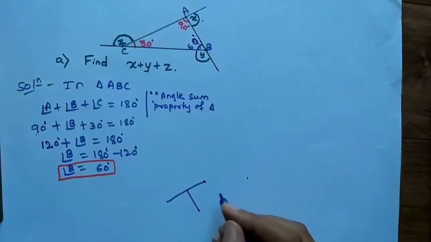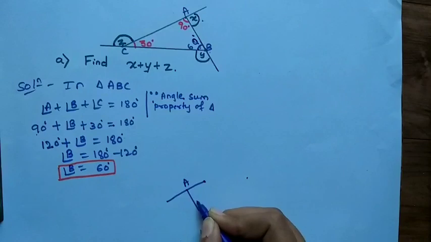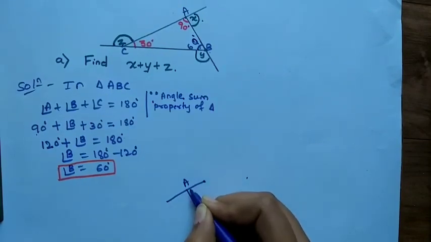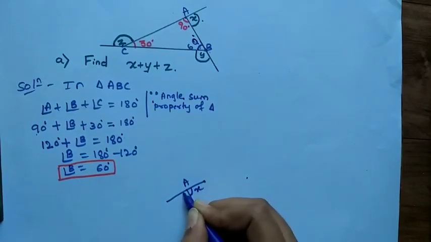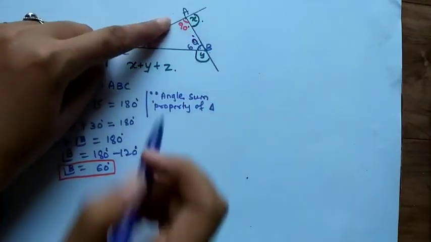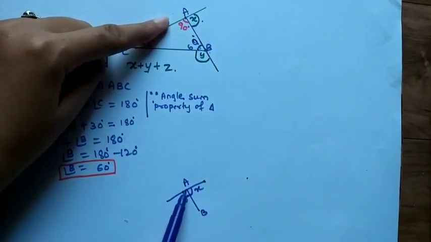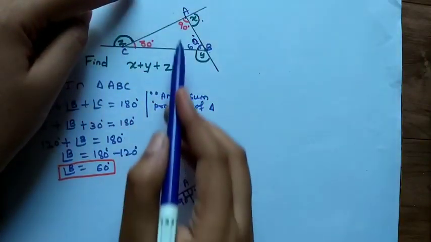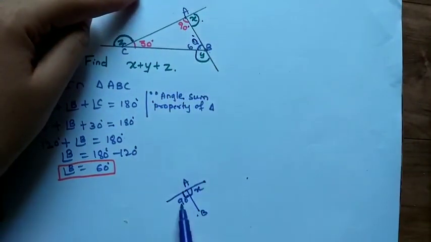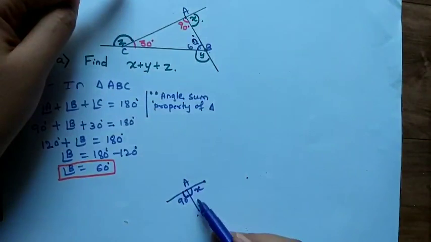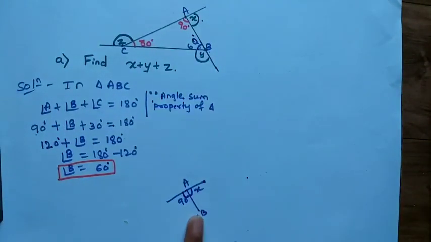Here in the figure, this is A and this is angle B. Here they have given x and 90 degree. Same here, A to B: on one side is 90 degree and the other side is x. Just observe this one, which is a form of linear pair of angles.